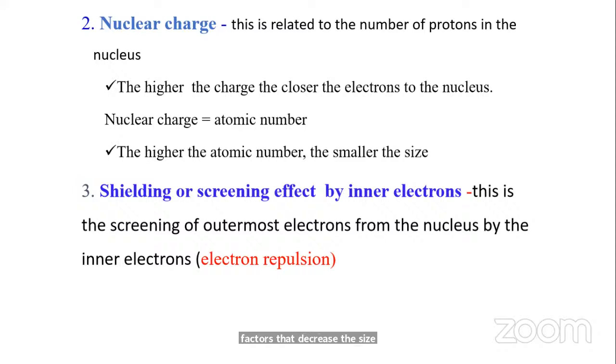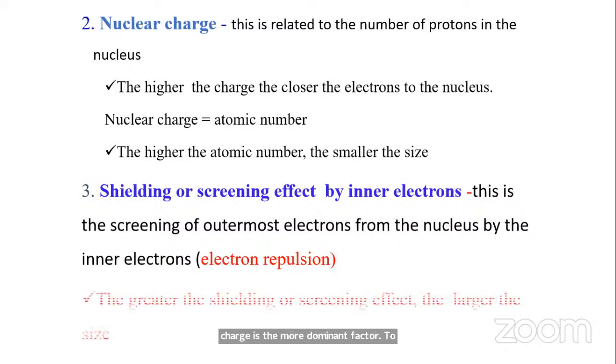If the size is to be increased, it means that factors 1 and 3, that is, energy level and shielding effect or screening effect, are more dominant. And if it is to be smaller, it means that the nuclear charge is the more dominant factor. So we have the factors opposing one another.